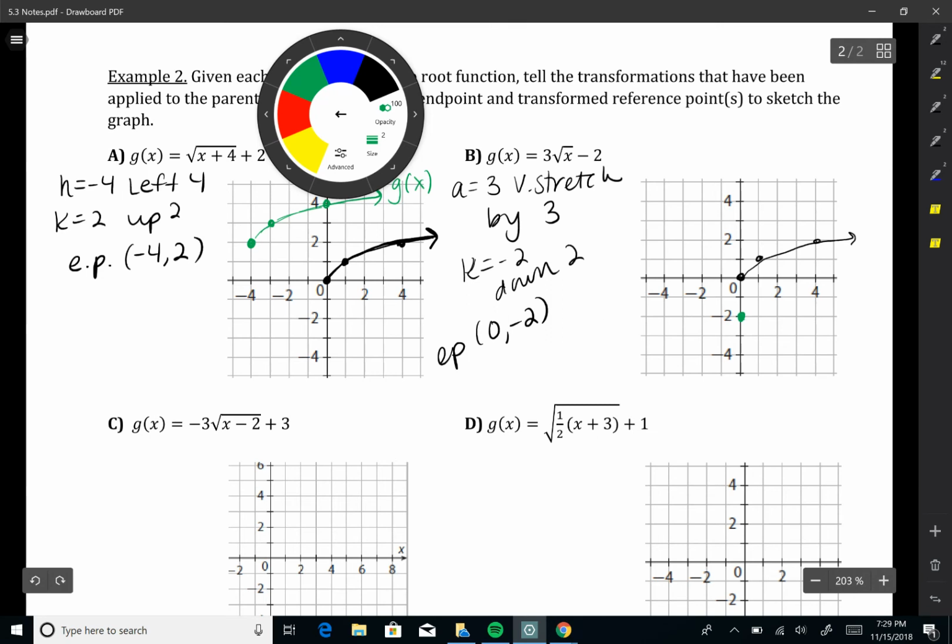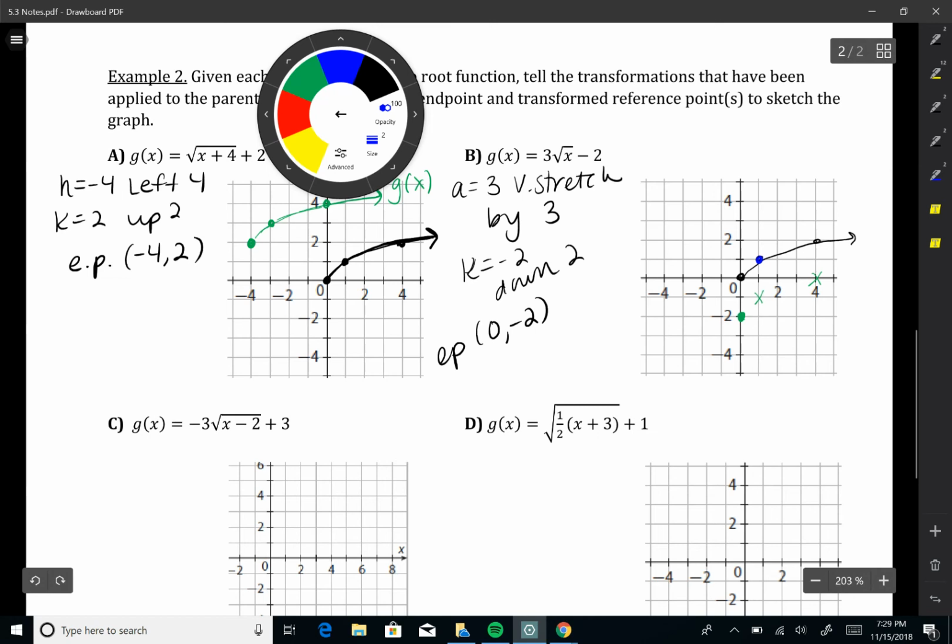Now, instead of counting over 1, up 1, I'm just going to put an X there, and over 4, up 2, because I'm vertically stretching by a factor of 3, those up movements need to be multiplied by 3. So instead of over 1, up 1, like that X is showing, I'm going to go over 1, up 3, and I'm going to put a dot there.